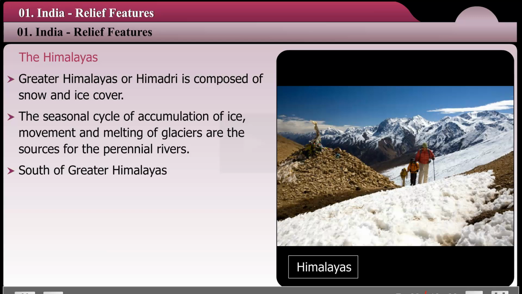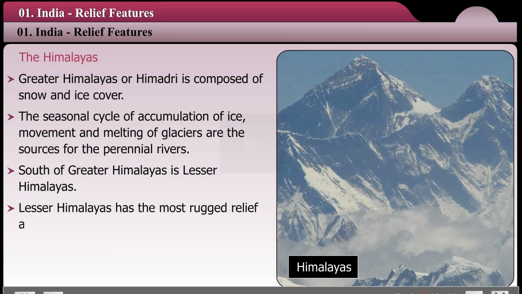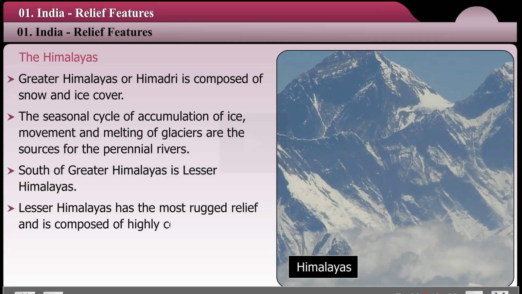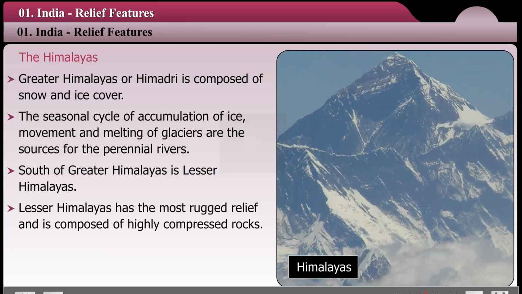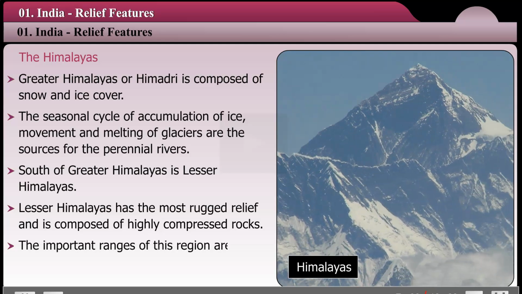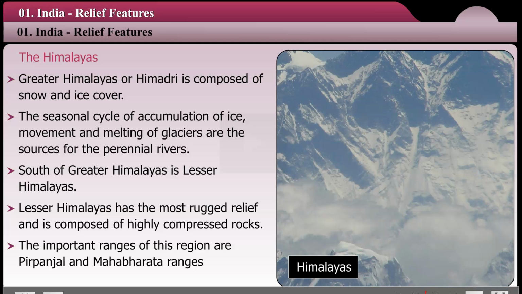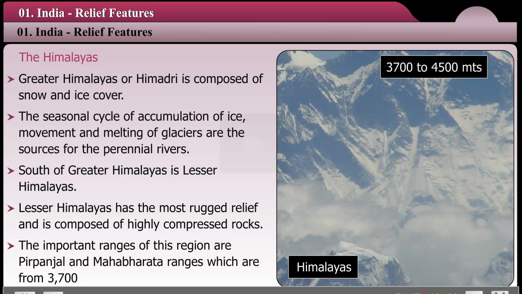South of the Greater Himalayas is the Lesser Himalayas. The Lesser Himalayas has the most rugged relief and is composed of highly compressed rocks. The important ranges of this region are Pir Panjal and Mahabharata ranges, which are from 3,700 to 4,500 meters.